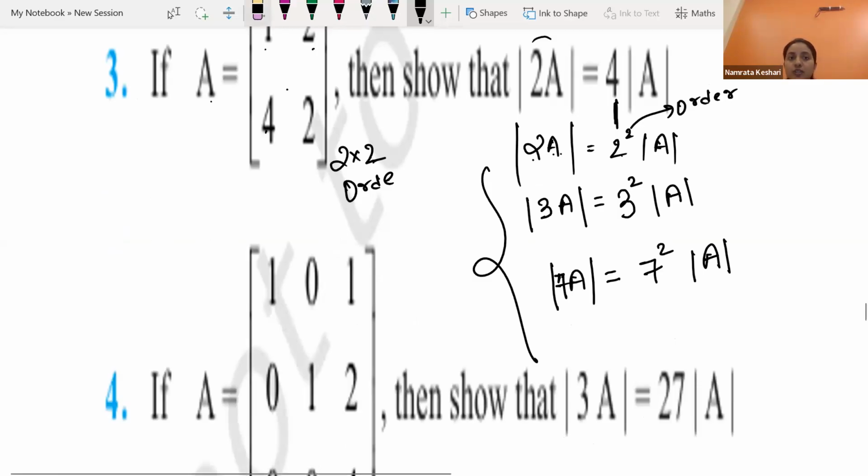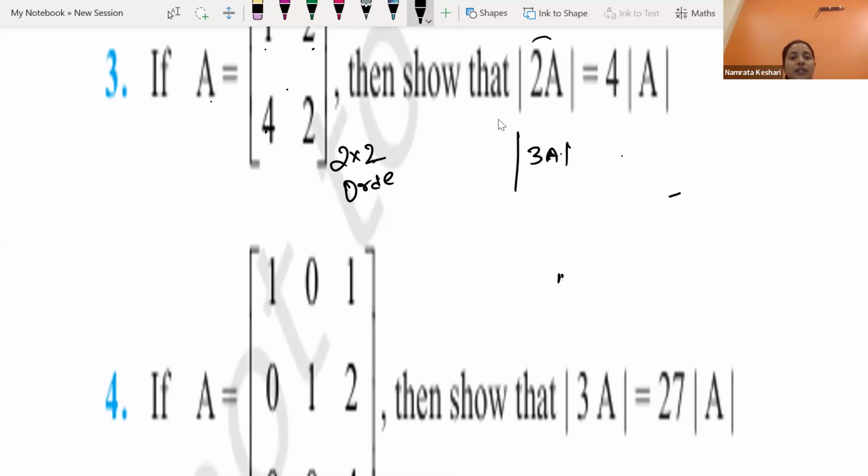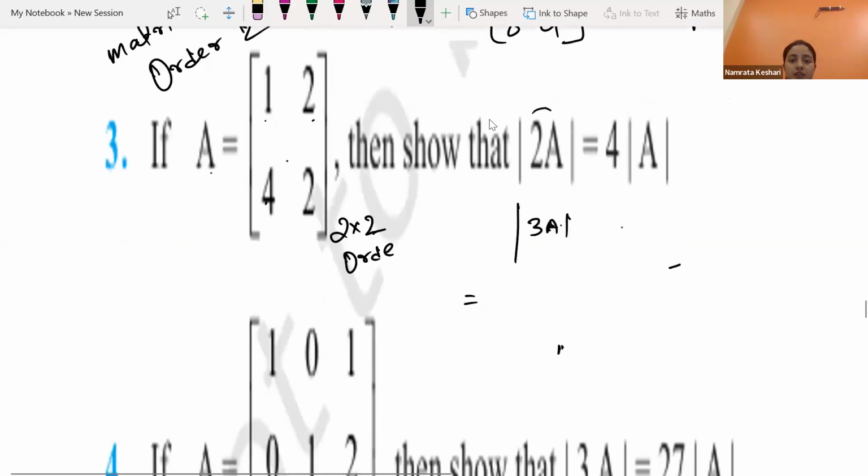I can show you one more example. Suppose we are finding the determinant of 3A. Let's find it quickly. What will be 3A? In determinant form I am writing. This element will be 3, this will be 6, this will be 12, and this will be 6. Right, Kiran?